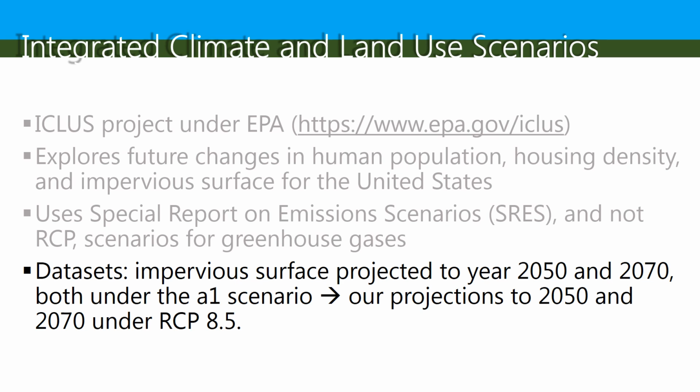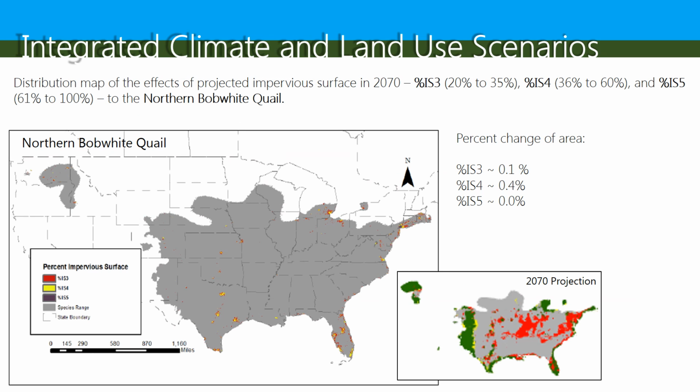In the end, we used the impervious surface projected to the year 2050 and 2070, both under the ICLUS A1 scenario. So this matched our projections to the years 2050 and 2070 under the RCP 8.5. This is a sample map of what we found. We divided the ICLUS impervious surface into percentages.